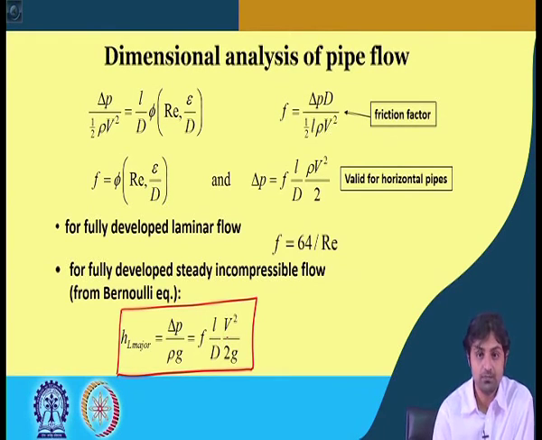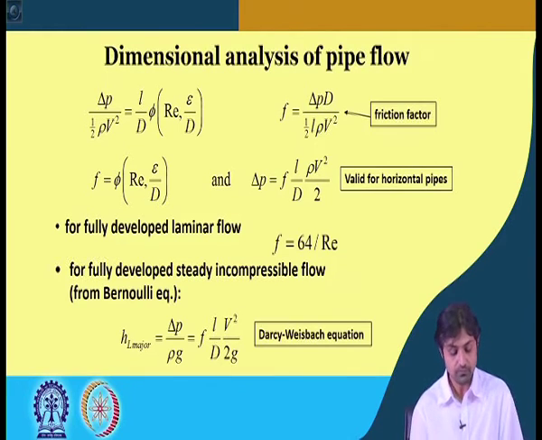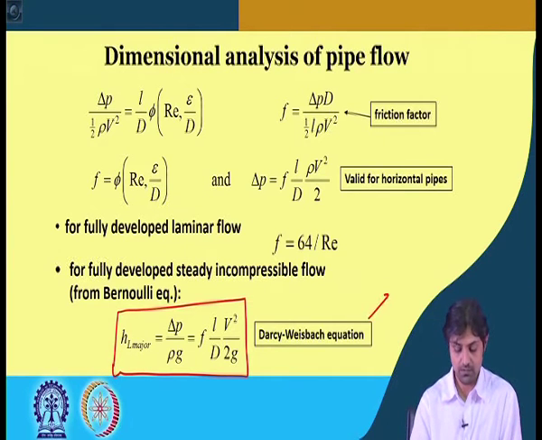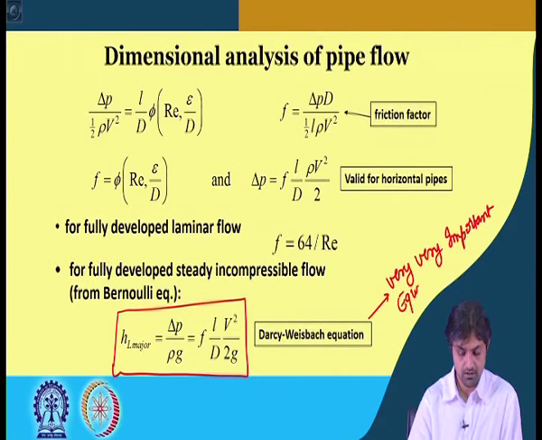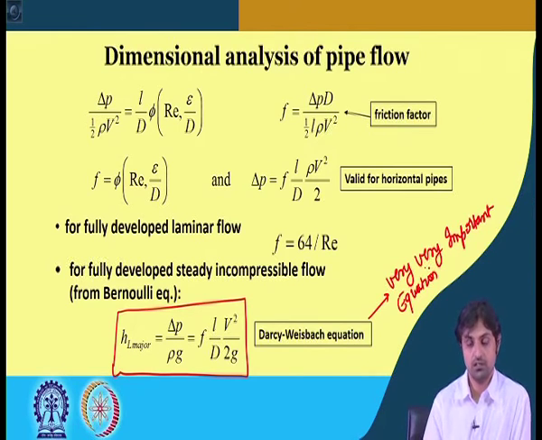Again the problem is we still don't know F, but we know it is a function of Reynolds number and epsilon by D. This particular equation is called the Darcy-Weisbach equation, a very important equation for the major head losses in the pipe.